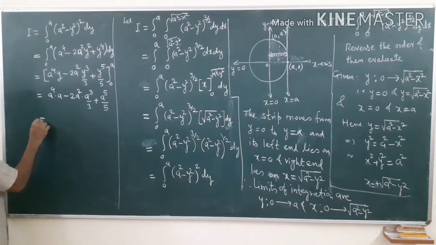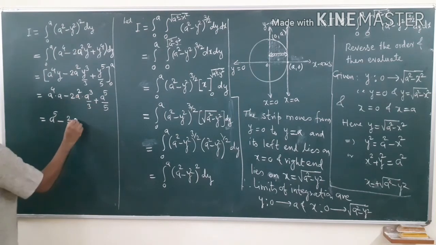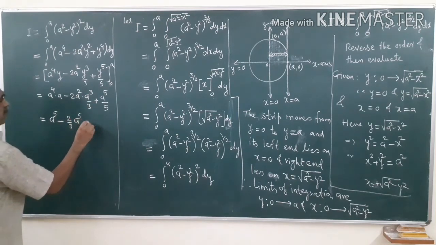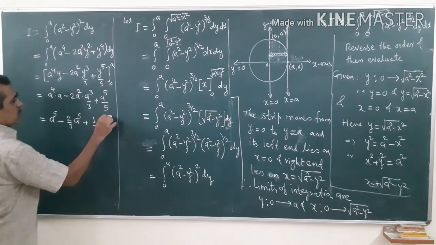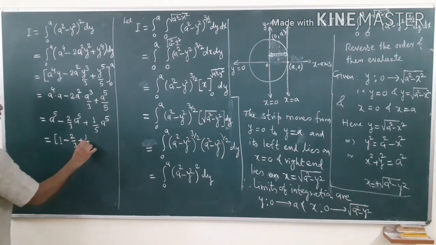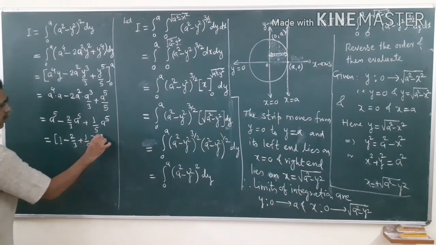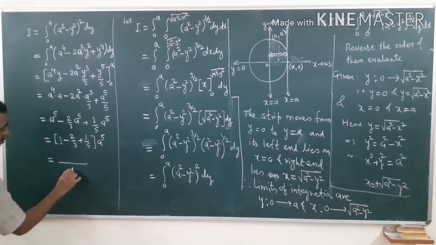So this equals a raised to 5 minus 2 by 3 a raised to 5 plus 1 by 5 into a raised to 5. Take a raised to 5 common, so what you will get is 1 minus 2 by 3 plus 1 by 5, times a raised to 5. So this is equal to, take 15 as LCM.